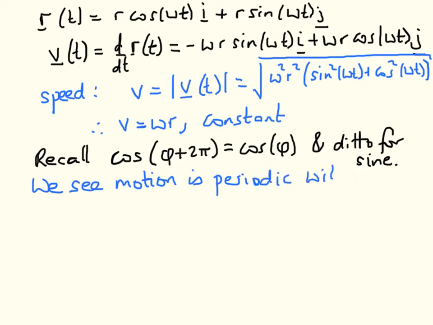so it's going around the circle with a period which I'm going to call capital T for the period, and the time is going to be such that omega t is equal to 2 pi. So whenever t goes to t plus something such that omega t is 2 pi, we have periodic motion. We've gone once around the circle.